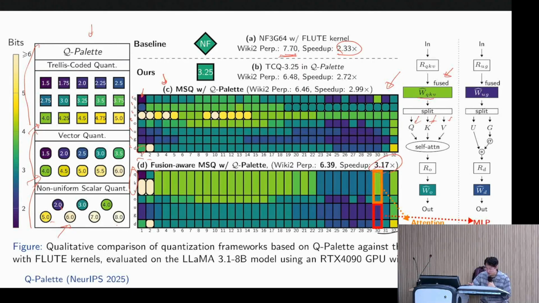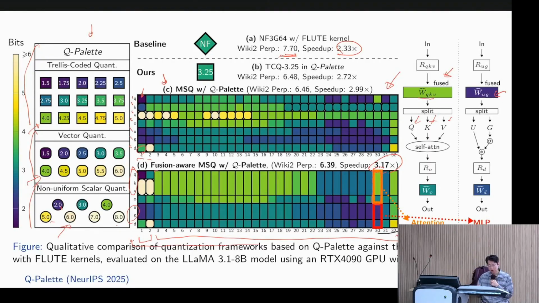So this block here represents that we're going to fuse WQ, WK, WV starting from layers 3 to N, but leave these guys alone, only fuse Q and K and V. And for example, up and gate, always fuse for all layers here.